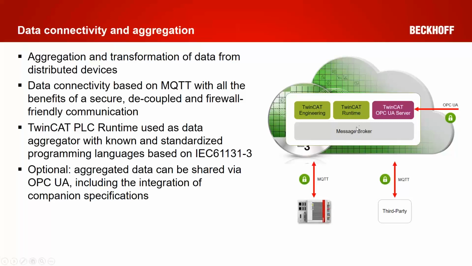And then you can use the TwinCAT runtime that is collecting all this data that's coming in. And maybe you want to transform the data. Maybe you want to present the data in, let's say, an OPC-UA companion specification. Then you would use our TwinCAT OPC-UA server that is accessing all the aggregated data and exposing this data in the form of a companion specification to the outside world again.